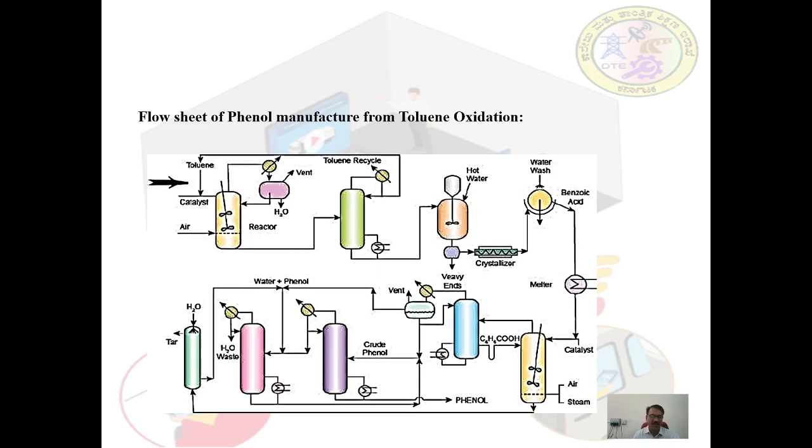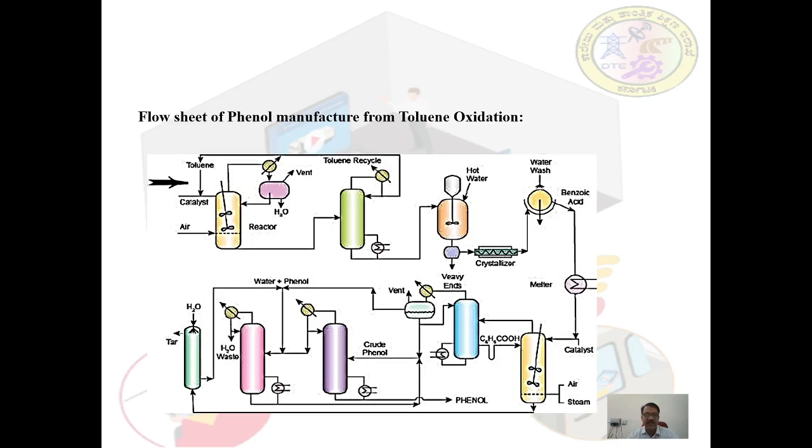In the first stage, fresh plus recycled toluene is mixed with a small quantity of cobalt naphthenate catalyst and then charged to the reactor, which is a liquid filled tower through which air is sparged. Cooling tubes are provided in the reactor to remove the exothermic heat of reaction.